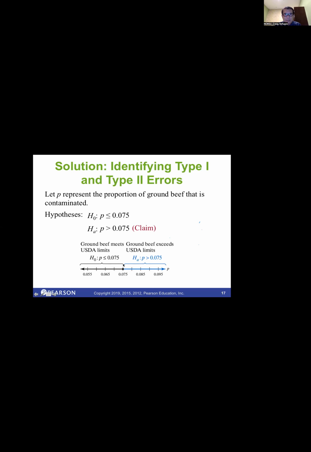And we have the black line going to the left side, P less than 0.075, but we have equality, so the 0.075 is actually included. So this number line is showing the visual representation of our HO and our HA.